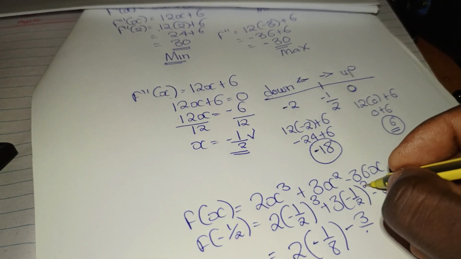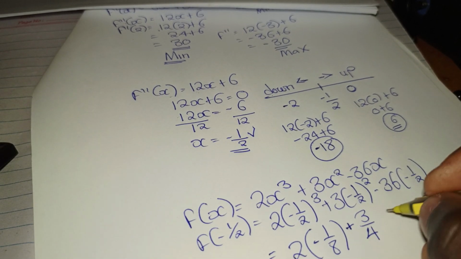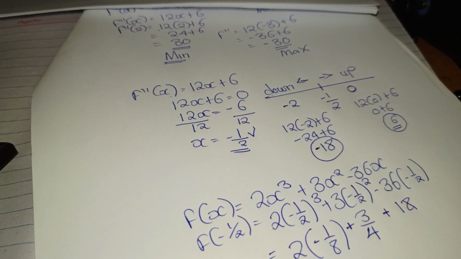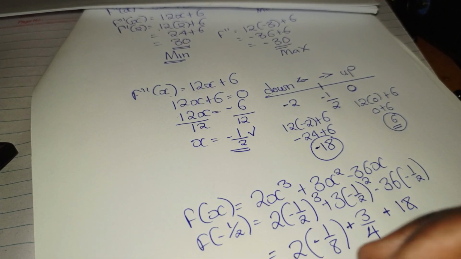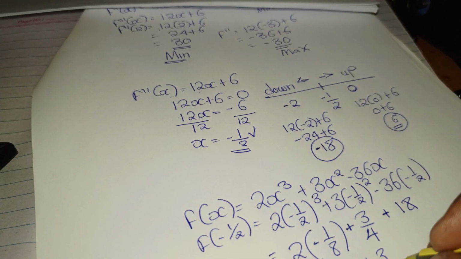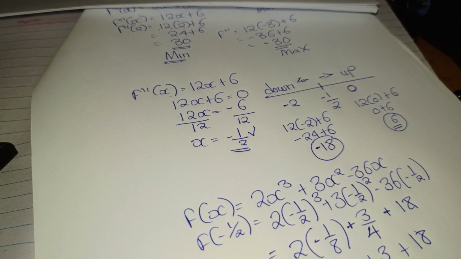So here we will have 2(-1/8) minus 3/2. Sorry, here there is a squared. So we'll get positive 3/4, minus, which will go to a positive, which is 18. Then 2 times that one, it will give us -1/4 plus 3/4 plus 18, where you can just punch that directly on your calculator.